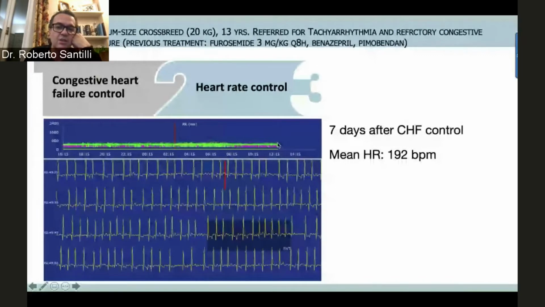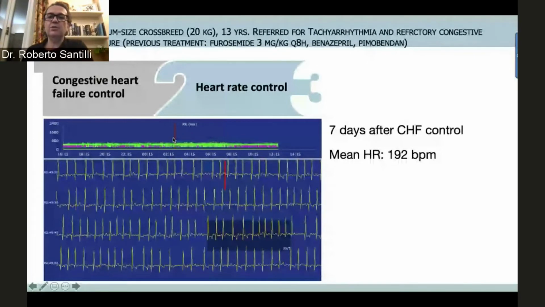It means that we didn't reach complete control despite the congestive heart failure control. And remember not to look just at the average heart rate, but look also at the amount of times that you have a rate below 140 beats per minute, because otherwise just the average is not enough.